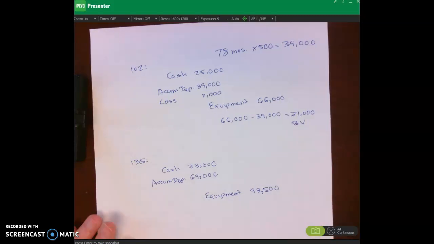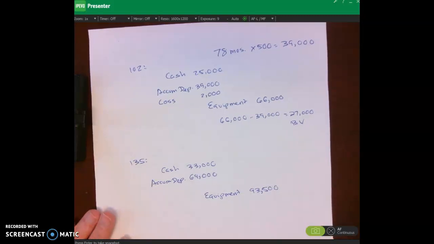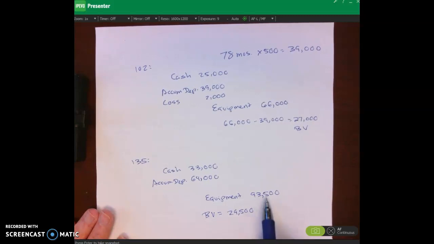So then what we can do is take our $93,500 minus our accumulated depreciation of $64,000, and I get a book value equal to $29,500, asset cost minus accumulated depreciation. So my book value is $29,500.